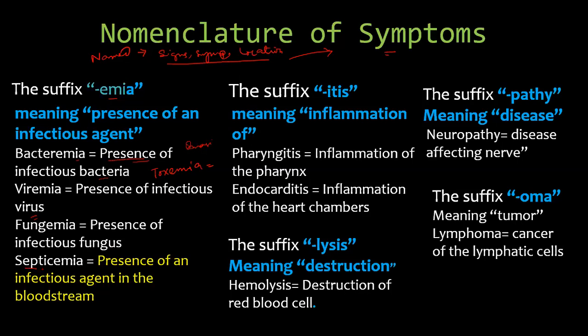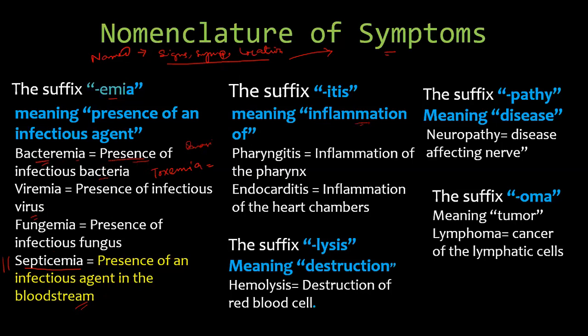Septicemia means presence of an infectious agent in the bloodstream. When bacteria are present inside the blood, that is septicemia. When bacteria are present inside your body other than the blood, that's bacteremia. That's the difference between bacteremia and septicemia.